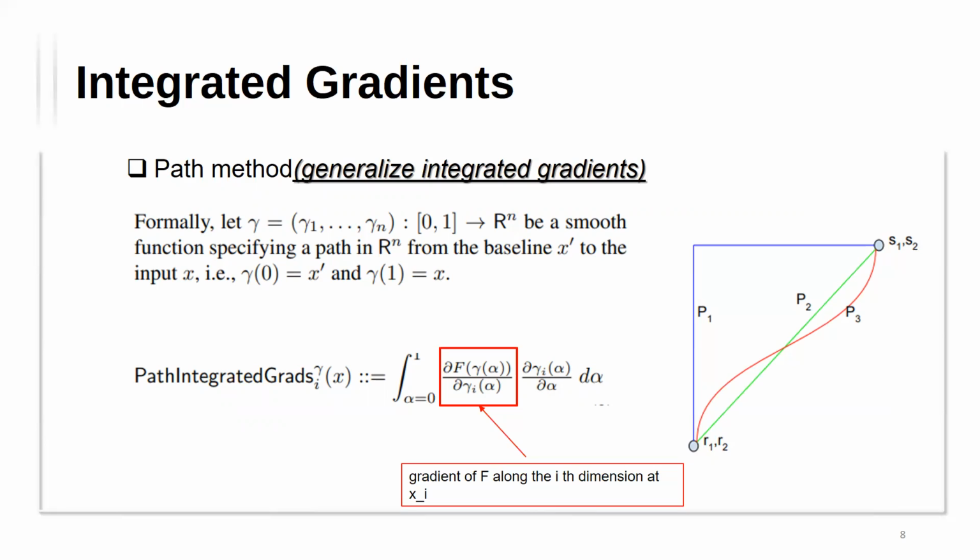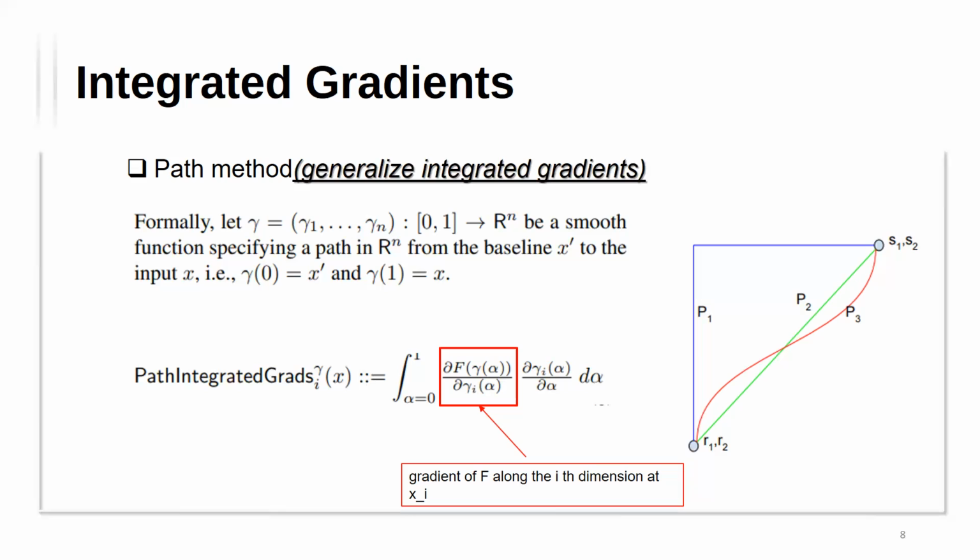Given a path function gamma, path integrated gradients are obtained by integrating the gradients along the path gamma of alpha. So for example, here we have baseline R1, R2. R1, R2 are the coordinates. Maybe R1 is the X coordinate and R2 is the Y coordinate.